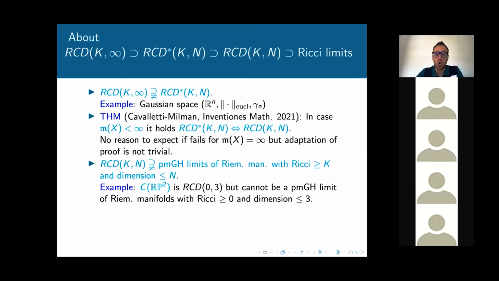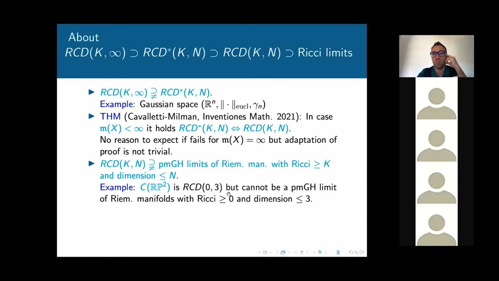Consider the cone over RP^2. The cone over RP^2 is an RCD 0,3 space. This is because RP^2 is an RCD 1,2 space, so it has Ricci bounded below by 1 and dimension at most 2, and a cone over an RCD 1,2 space is an RCD 0,3 space.